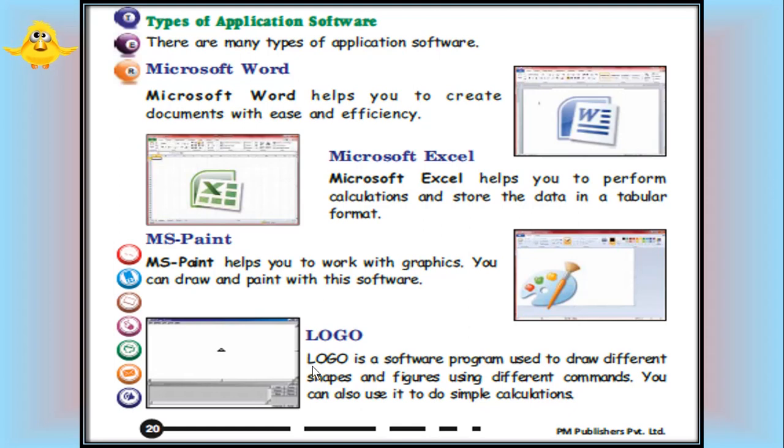You can draw and paint with this software. Logo. Logo is a software program used to draw different shapes and figures using different commands. You can also use it to do simple calculations. Children, you will be learning about all these softwares in your book.